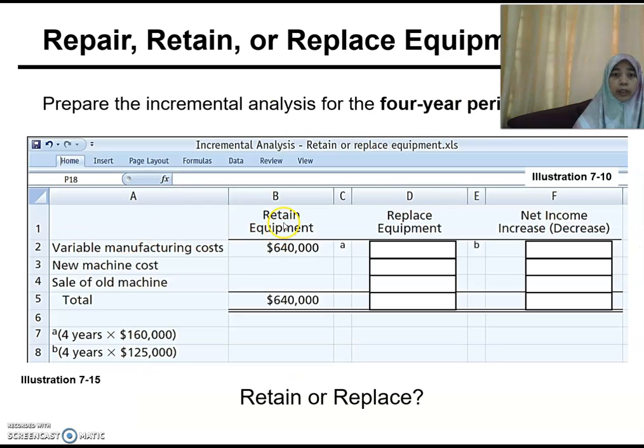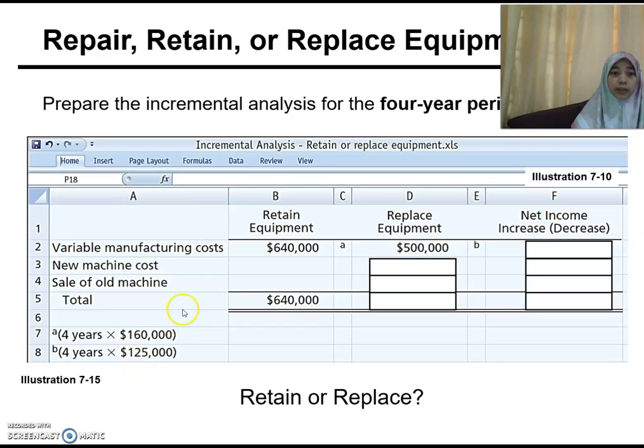If you retain the equipment, the variable manufacturing cost mentioned just now is 160,000. But you are doing it for 4 years, so that will be 160,000 times 4, which gives you 640,000. What about if you were to replace the equipment?